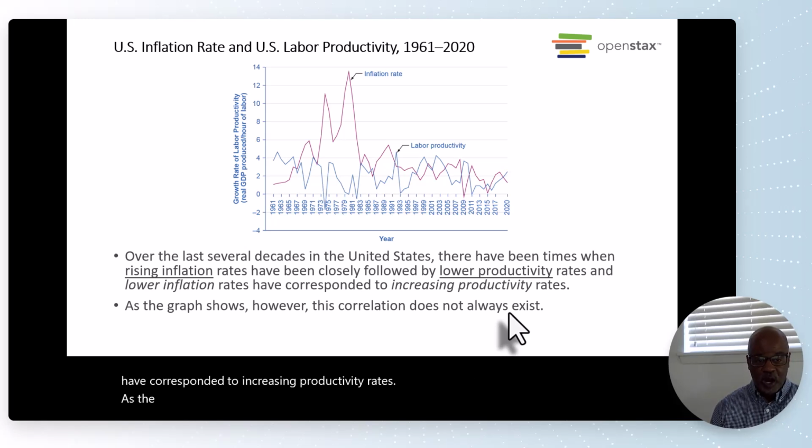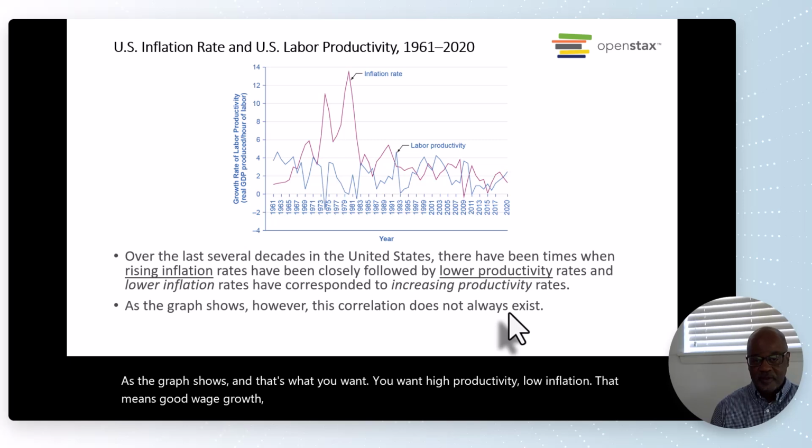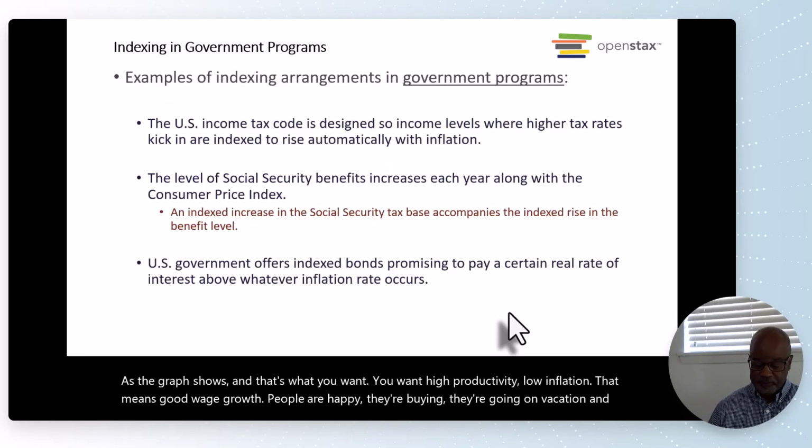And that's what you want. You want high productivity, low inflation. That means good wage growth. People are happy, they're buying, they're going on vacation, and that is a good thing.